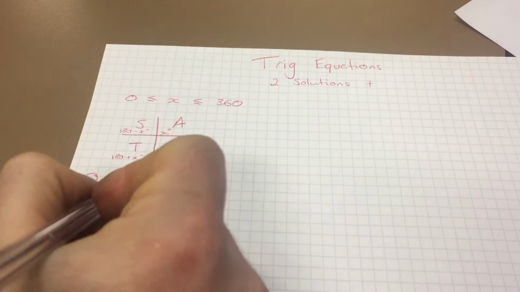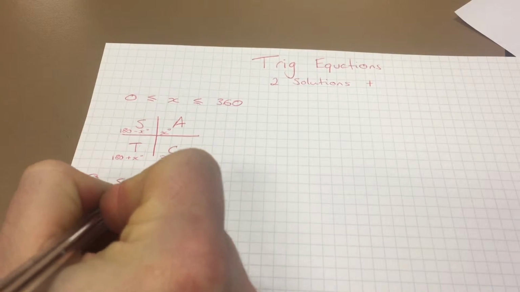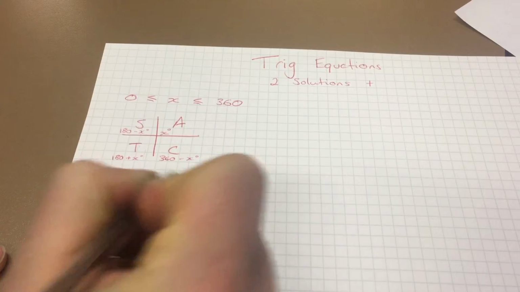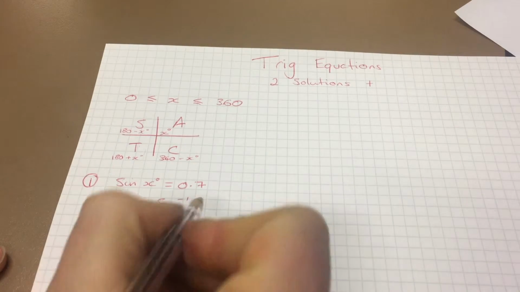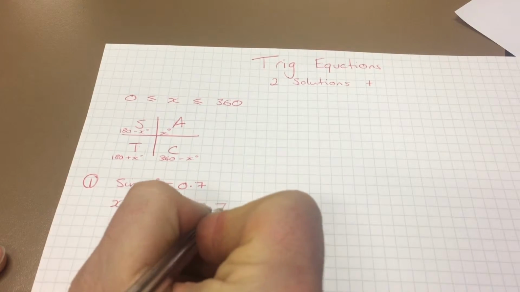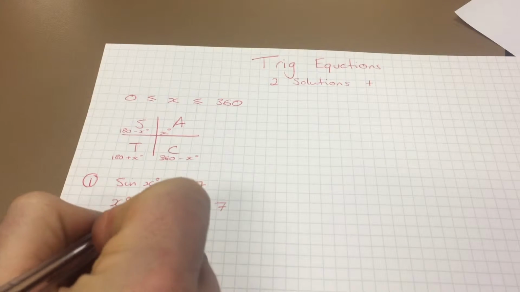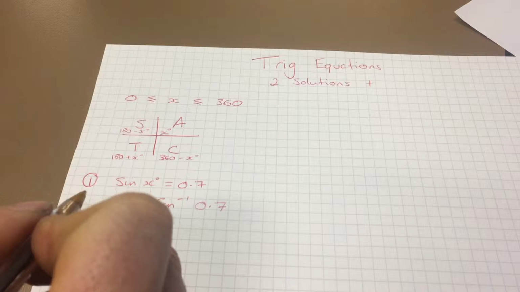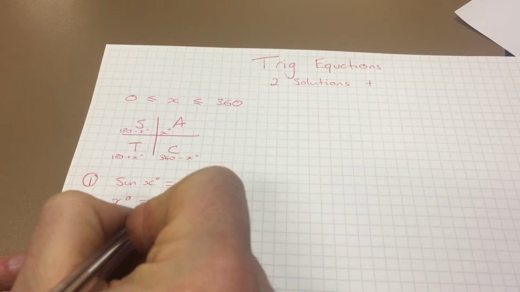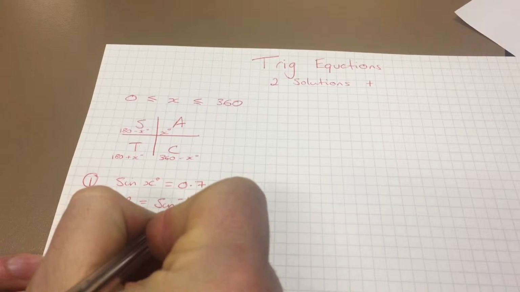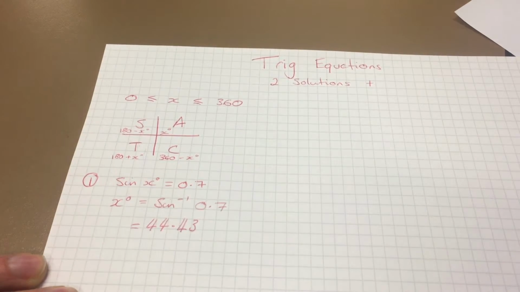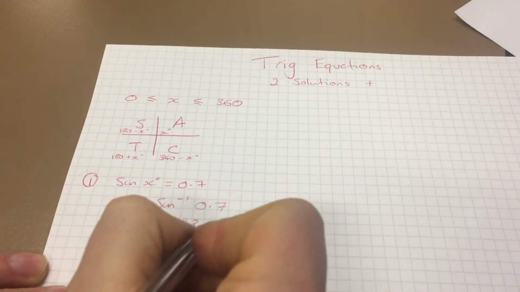The first one is worked out the way we've been doing it, taking the inverse of sine of both sides and putting that into our calculator. I'll do that just now. I'm getting 44.43 to two decimal places.